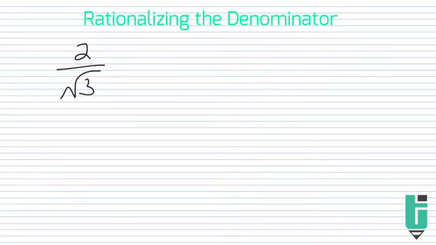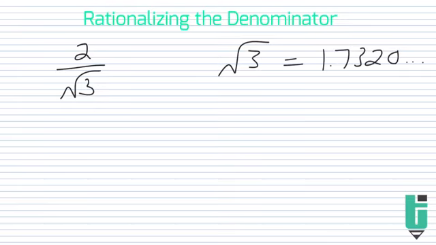In this denominator we have the square root of 3, and the square root of 3 is in fact irrational. If you type this in your calculator, you'll find that square root 3 is equal to 1.7320, and it keeps going. So we refer to this as irrational.